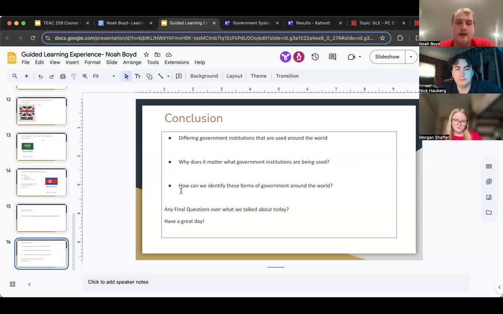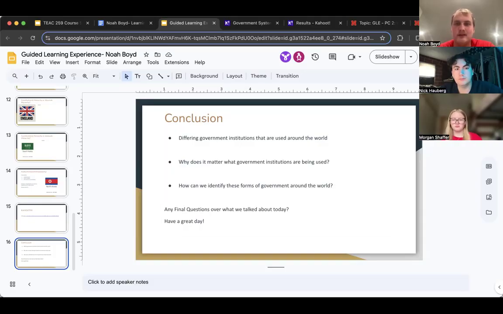We learned why it matters what government institutions are being used, how it affects the people and how the leaders act. And how can we identify these forms of governments around the world? In the activity, we looked at certain characteristics and were able to guess what type of government institution they used. Any final questions, anyone? Okay, sounds good. That's all I have.